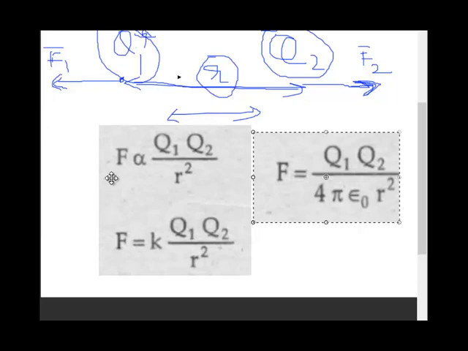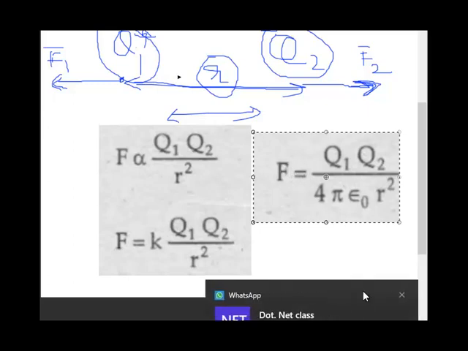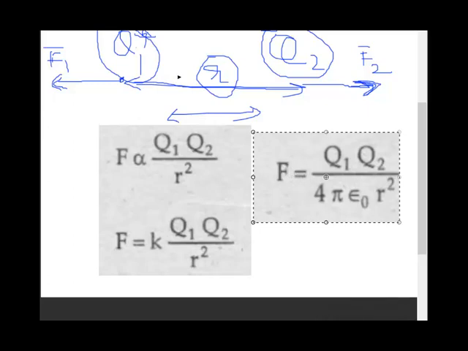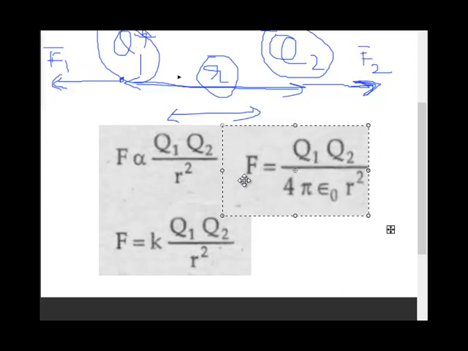The force is measured in newtons. This is a scalar force, but to find the force with a direction, we have to multiply this force by a unit vector. If you are calculating the force F2, then you have to multiply this F by a unit vector in this direction.